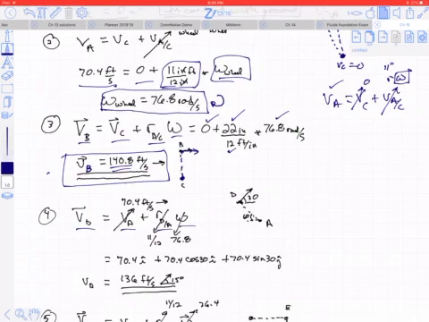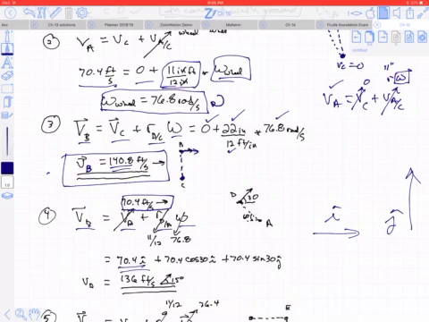Well, VA is moving. Let's use an I and a J, I for the X and J for the Y. VA is moving at 70.4 to the right, or 70.4 I. The distance from D to A is 11 inches, so 11 twelfths. And omega is 76.8.